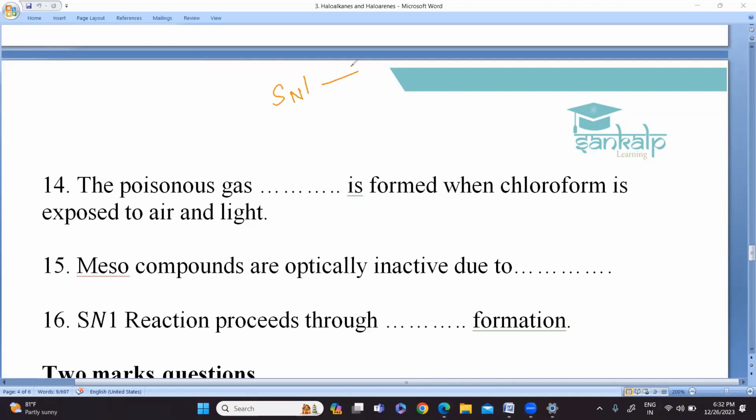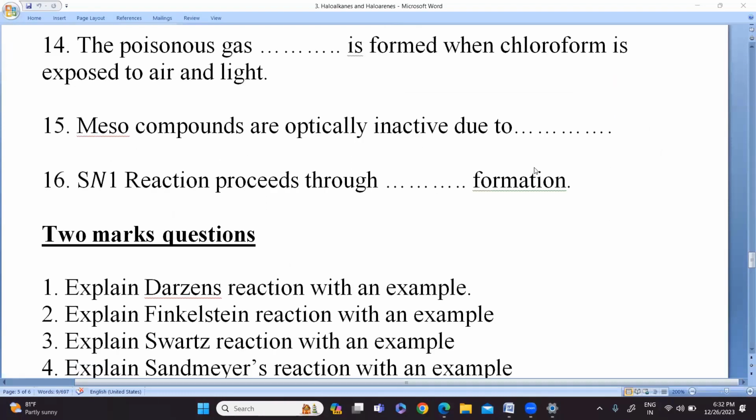The SN1 reaction proceeds via two steps. The first step is what? It proceeds through carbocation formation. The answer is carbocation formation. So these were some of the fill in the blanks from this particular chapter. I hope it is clear.